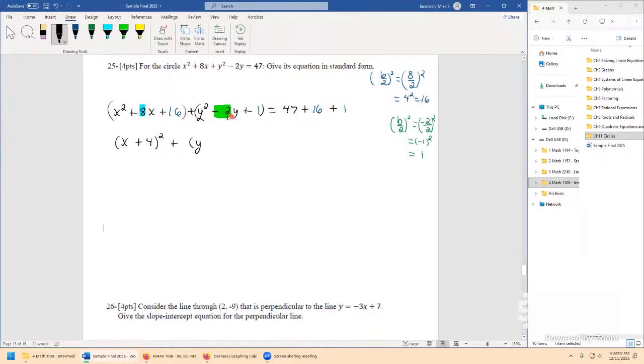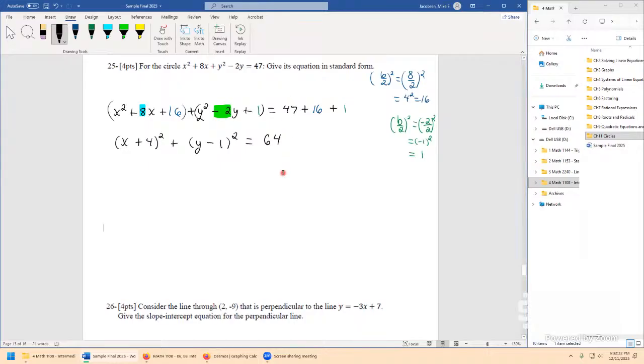Y goes here, minus sign copies down. Take the square root of this value, which is just a 1, and raise it to power 2. Or in other words, this negative 1 always matches that term with the same sign right before you squared it. Then on the right-hand side, we have 48 plus 16, which comes out as 64.